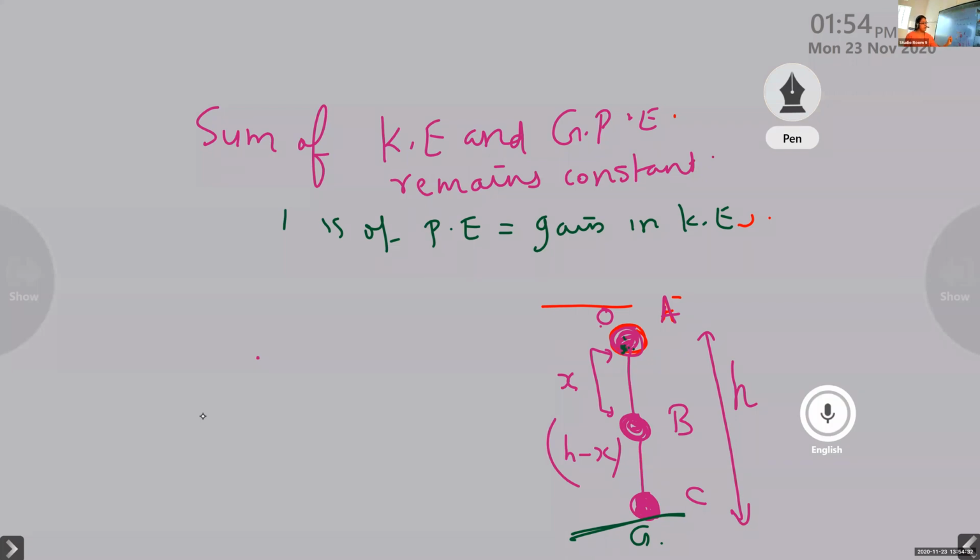Without applying numbers, we are going to prove it in terms of the letters H, X, H minus X, and mgh, because we already said that GPE is mgh. So for the first case, the object is at A.